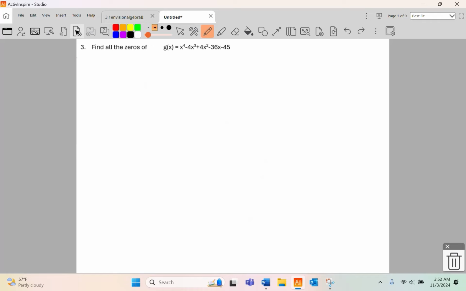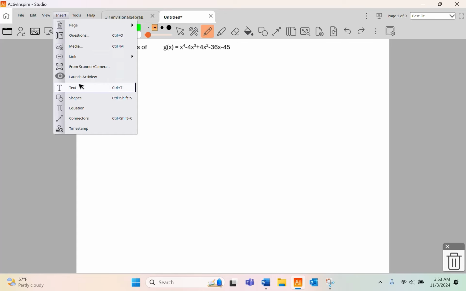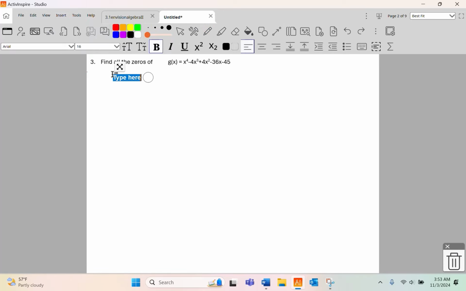Find all the zeros of this function, and you're not going to like this. This is on your challenge exam, and it is old school: guess and check, lots of synthetic division. We have a list of potential zeros by finding the factors of the constant, which is -45, over the factors of a, which is 1.